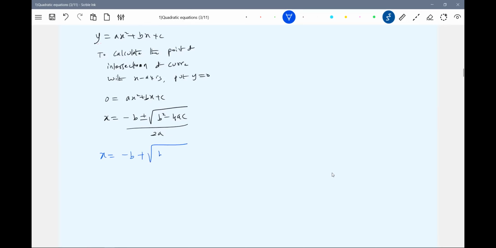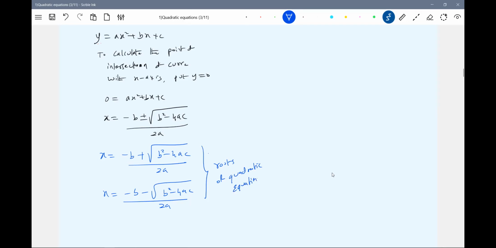Now I think if I write anything, it will be more meaningful for you. There's one root. So what we should call them as roots of quadratic equation, or in simple terms, in terms of the practical thing, the points where the curve will intersect x-axis.